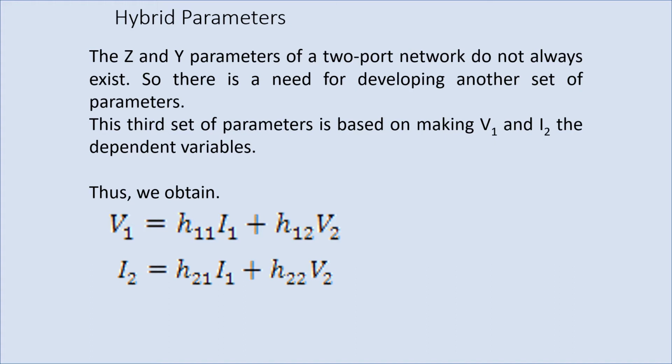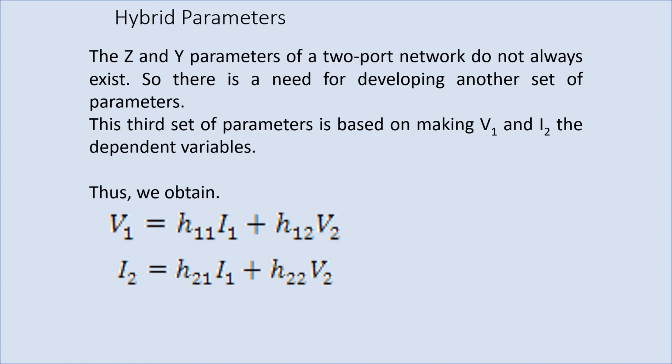In hybrid parameter, we have impedance, we have current ratio, we have voltage ratio, we also have admittance.